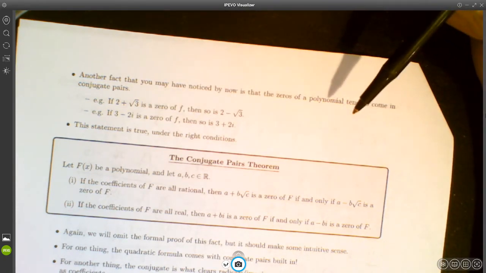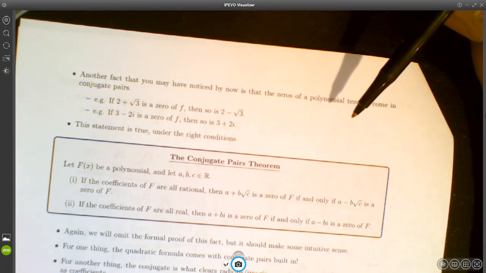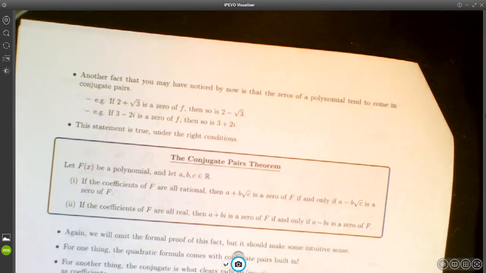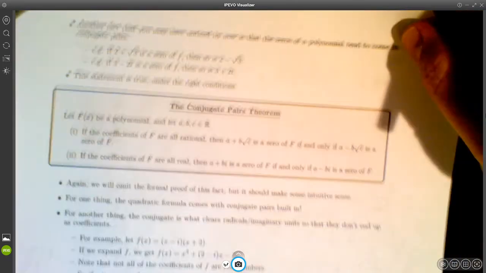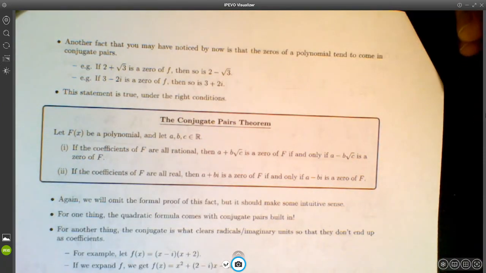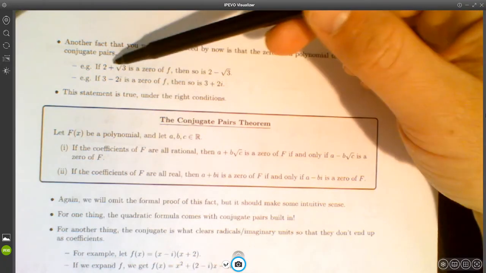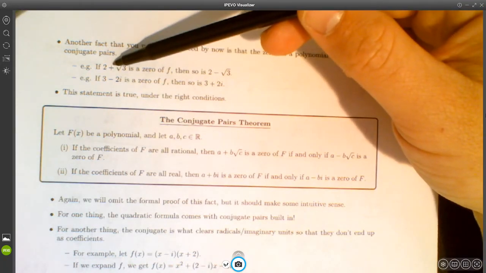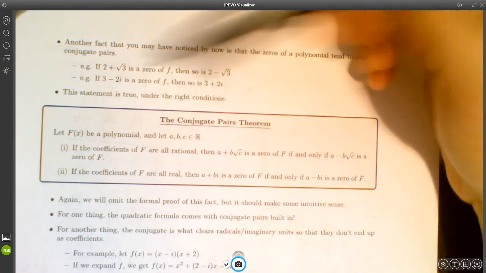You can kind of see this because of the quadratic formula. It's negative b plus or minus the square root of some stuff divided by something else. But that's why you get conjugate pairs, right? It's the plus or minus.